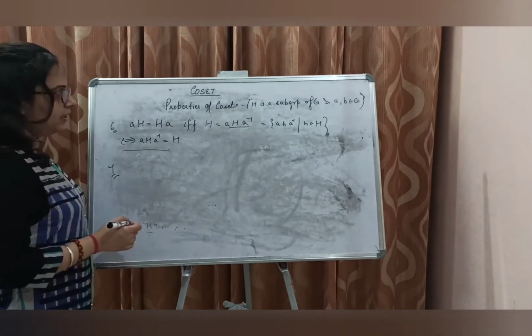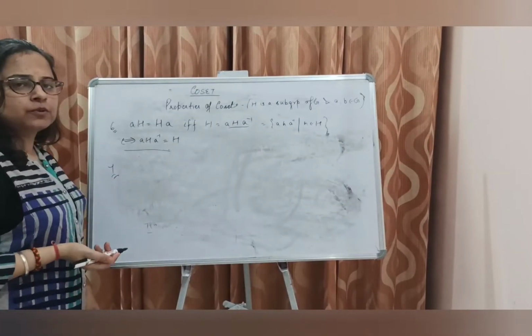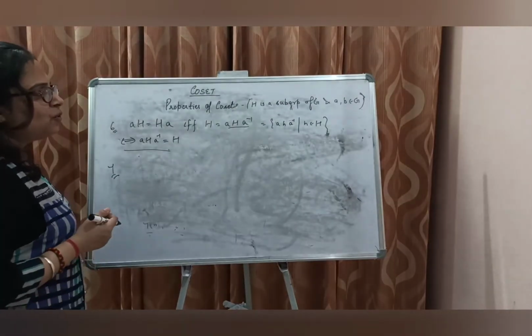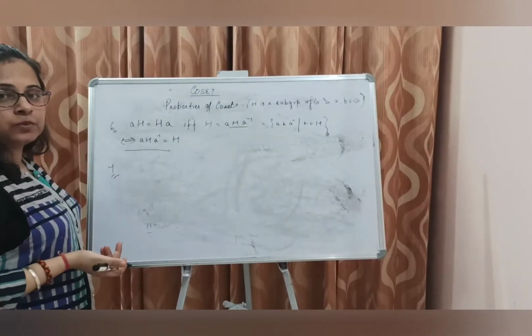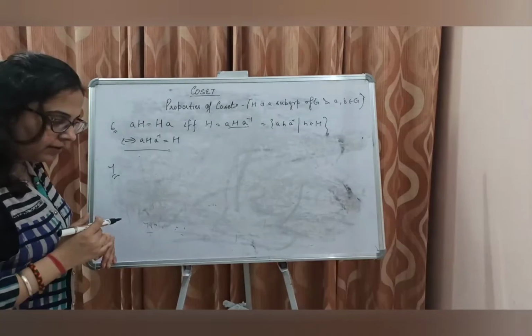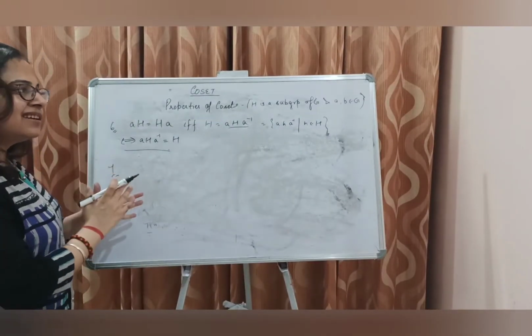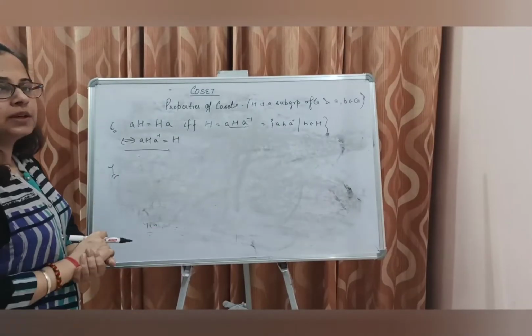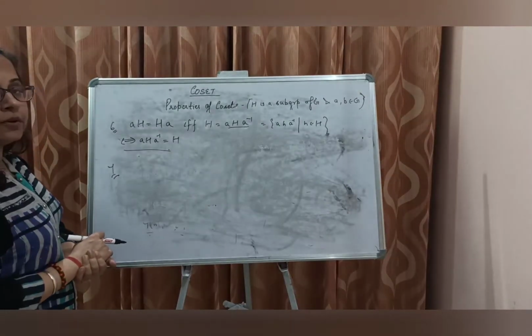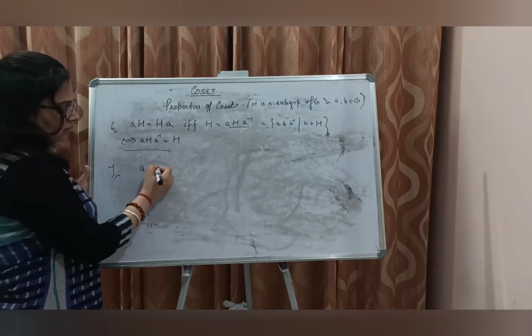Now the last property is, we already know that H is a subgroup of G, so we would be interested in knowing whether AH is a subgroup of G or not. Multiplying any element A with the elements of a subgroup doesn't necessarily lead to a subgroup of G. Now we know that A belongs to AH.